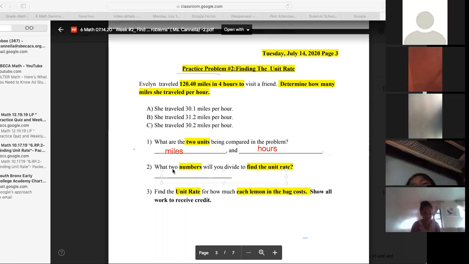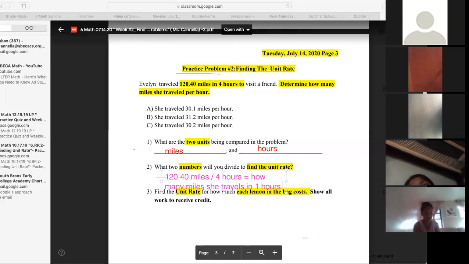We're going to write 120.40 miles divided by 4 hours. Okay, and we're going to get how many miles she travels in 1 hour.